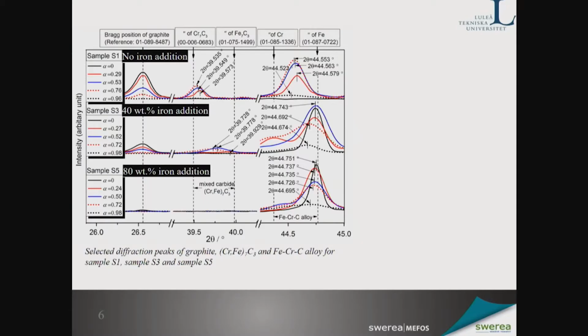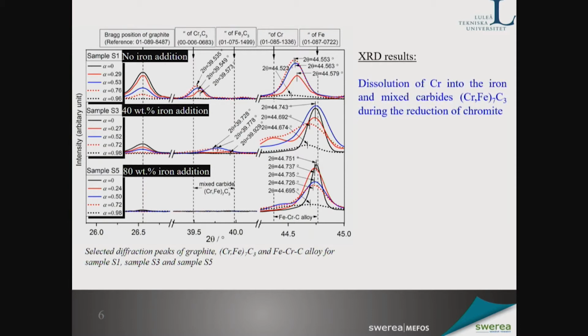And this figure shows the XRD diffractions for the selected phases for the products. We can see that during the reduction, the diffraction peak slightly shifted from the right side to the left side.